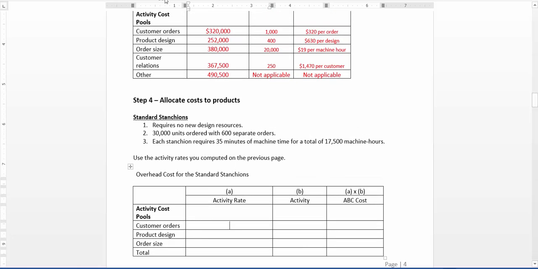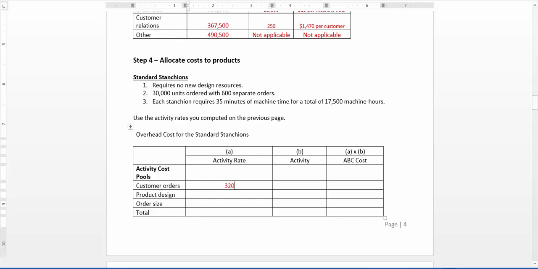Remember, our customer orders are $320 per order, and what this tells us is there were 600 separate orders. So just like we do applying overhead, we're going to apply the customer order cost by multiplying the 320 times the 600, and that's going to give us 192,000.